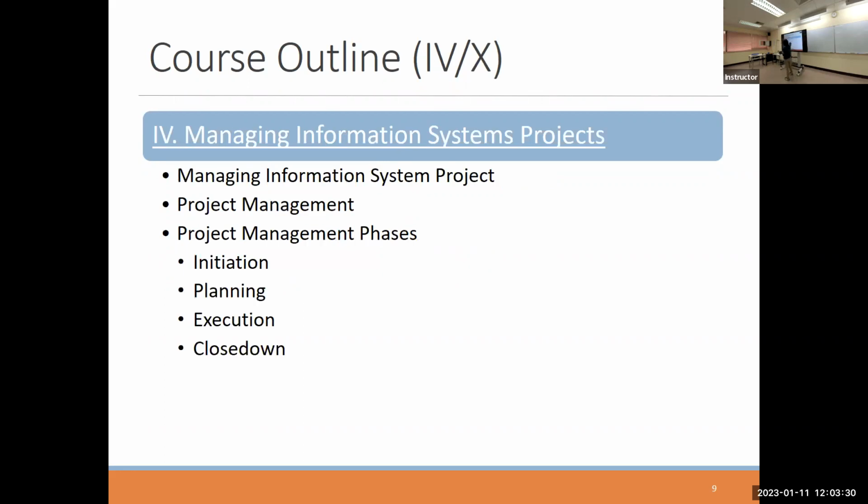Okay, we will talk about information system project management. So how do we manage the project in order to make sure we have a successful project? And a successful project doesn't mean only that you develop successful software.